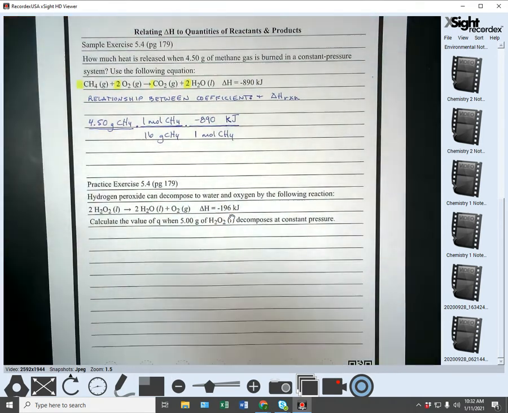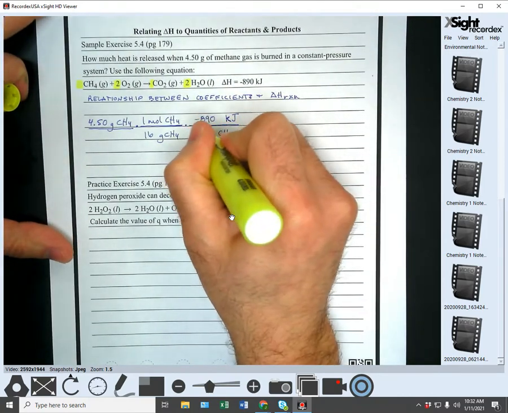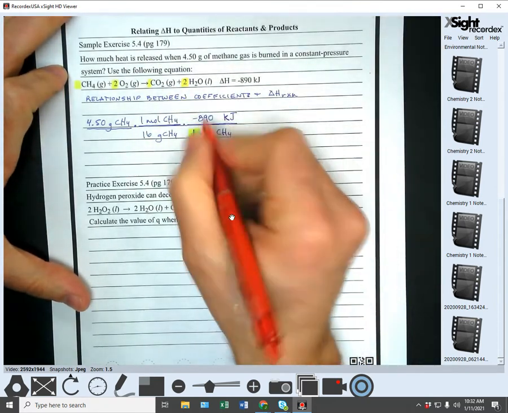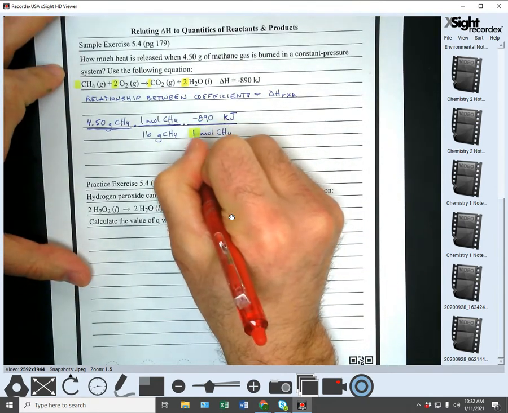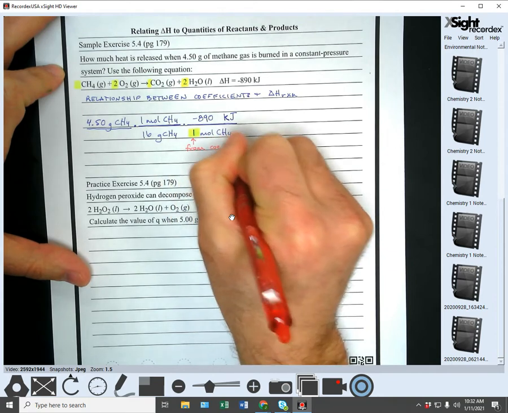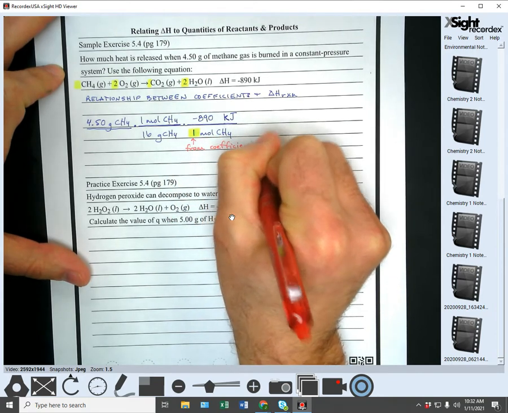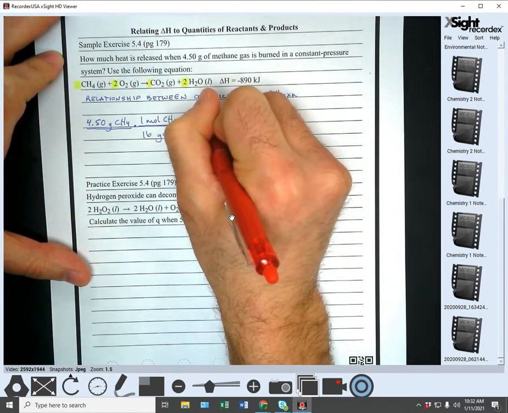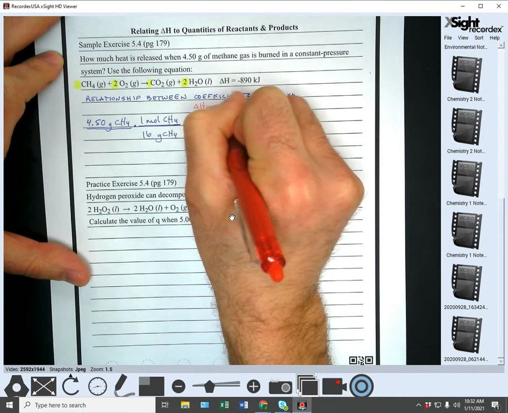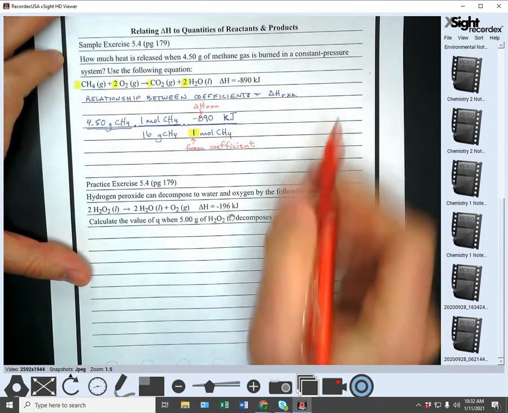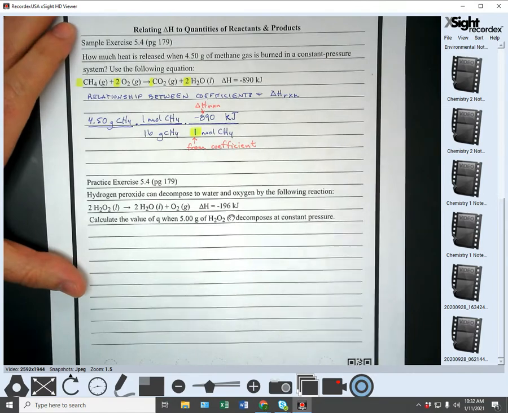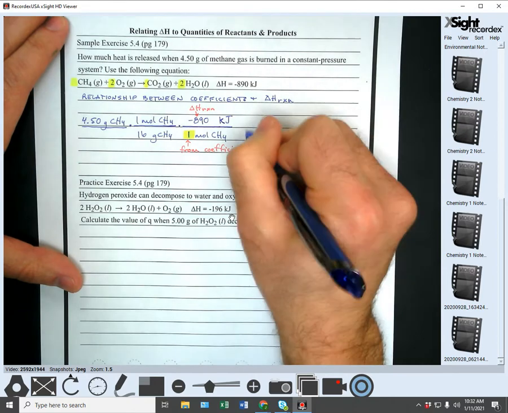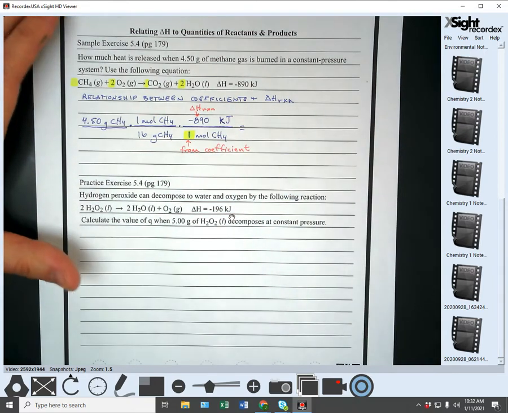So this comes from the coefficient, and this is from the delta H of the reaction. Okay, so just do this and do the math.